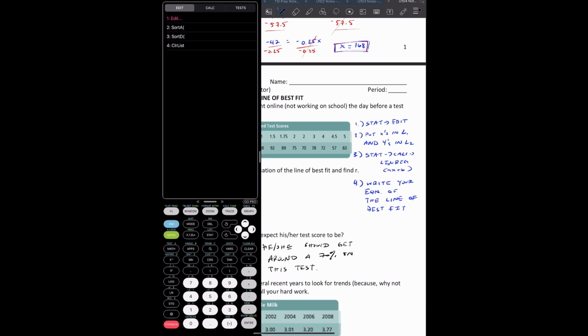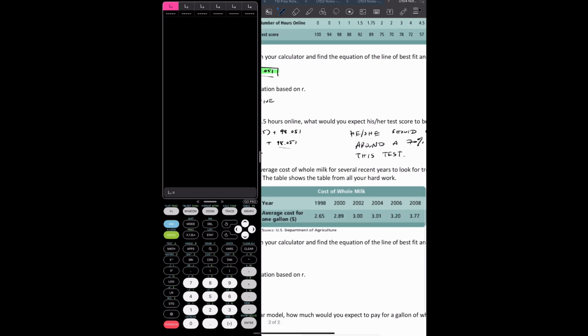So we're going to press stat, edit, and we have the L1 and L2 inputted because of the last problem. So what we're going to do is scroll all the way up to L1 and then press the delete button, and that should clear up the column here. And then we're going to do the same thing by arrowing to the right for L2 and then delete. Now going back to L1, we need to input our x value.